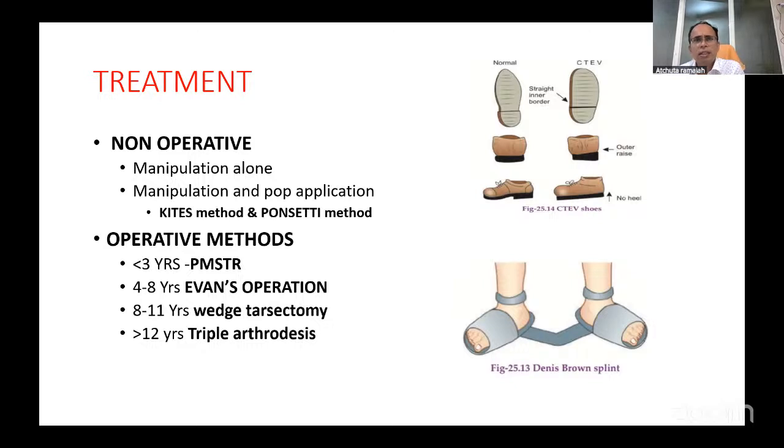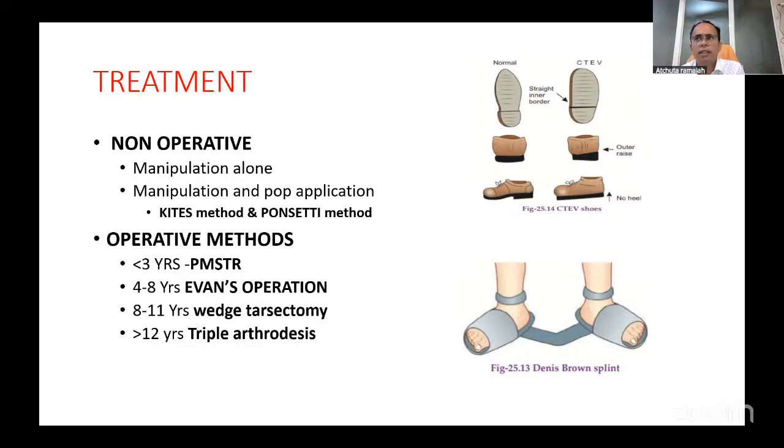If it is not corrected, we will do above-knee POP casting, in a position of flexion at the knee joint and deformity-corrected position at the ankle and foot.